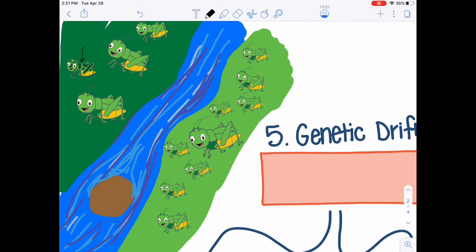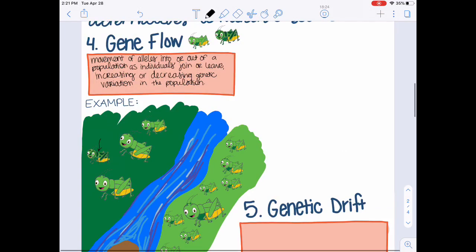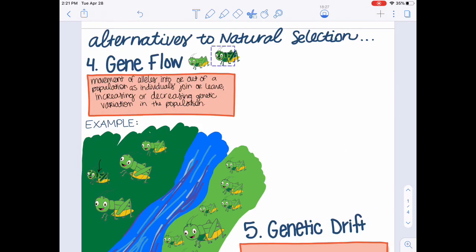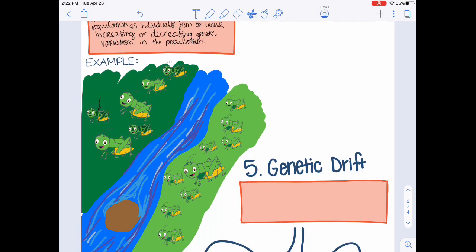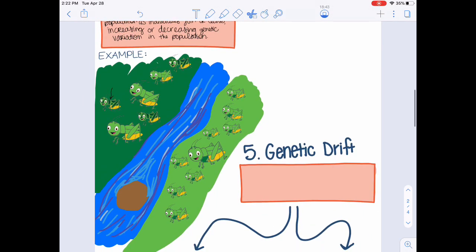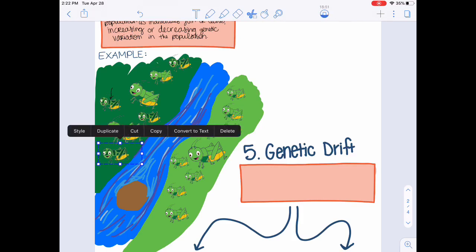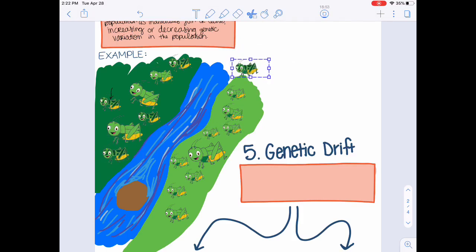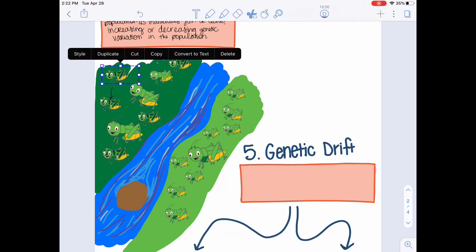So that grasshopper is going to be able to reproduce a lot faster and produce more offspring because it has an advantage. It gives it some camouflage. So that allele specifically for the darker coloring is going to become more and more popular on that side of the river.